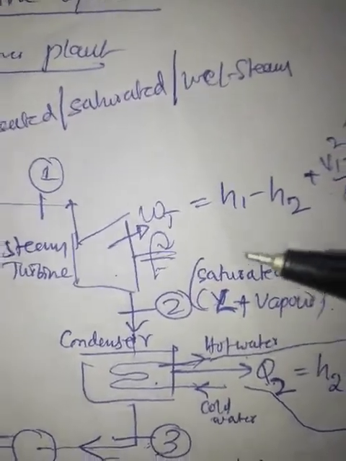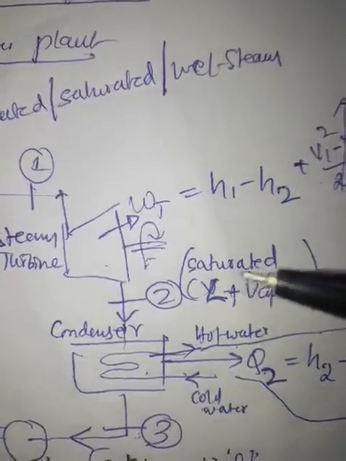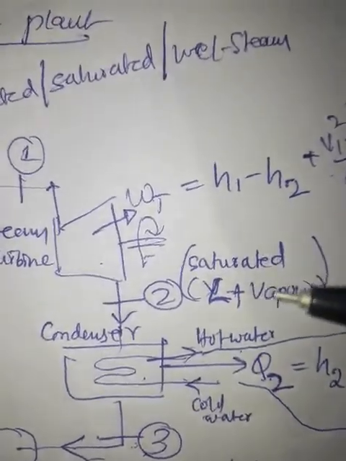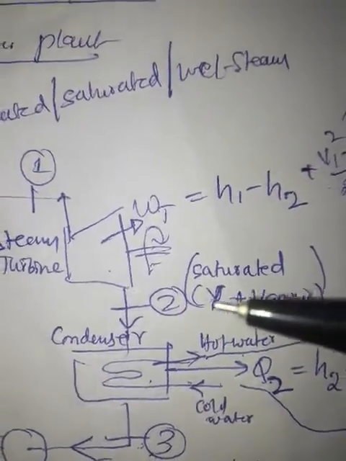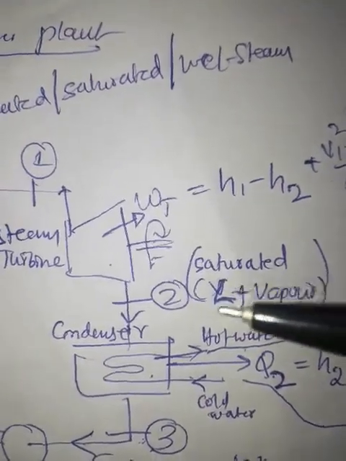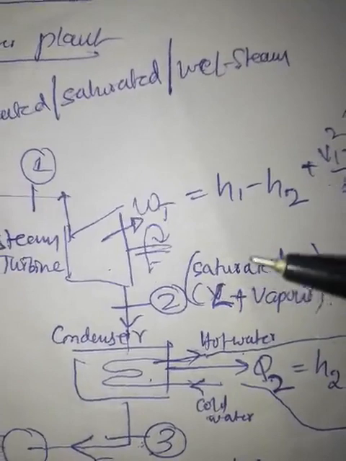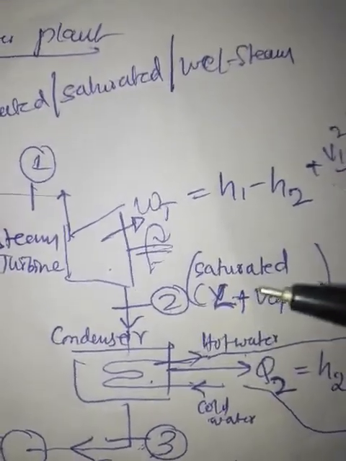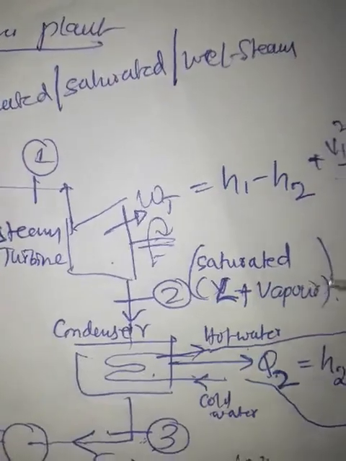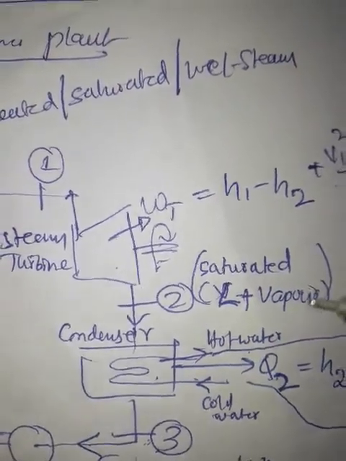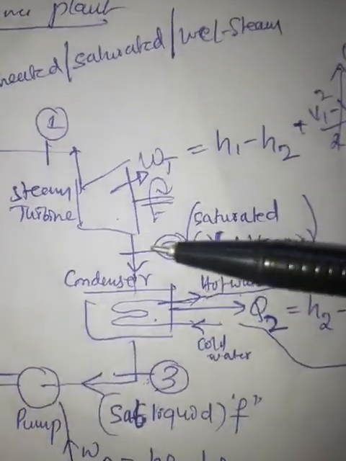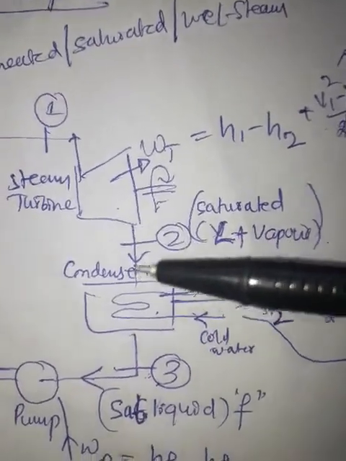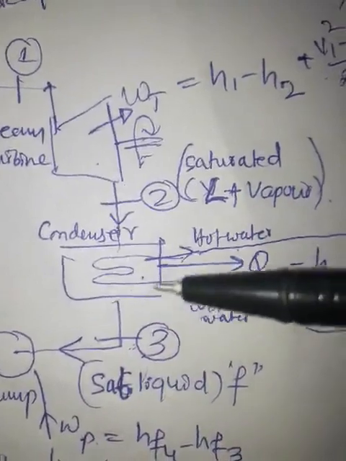The steam coming out of the steam turbine is a mixture of saturated vapor plus a few droplets of liquefied steam. That is, wet steam comes out with high dryness fraction, that is x equal to 0.9 onwards. Then the wet steam enters the next device called the condenser.